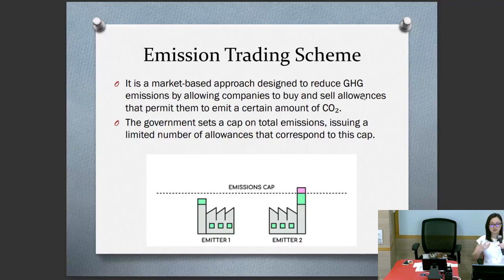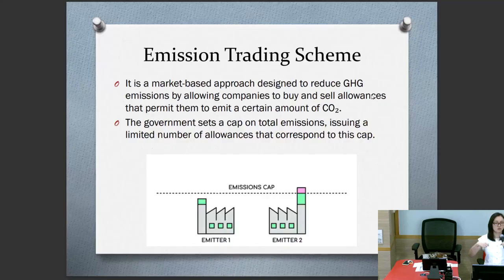Maybe one allowance means the permit to emit 1 ton of carbon dioxide. So if you have 1,000 allowances, then you can emit 1,000 tons of carbon dioxide.